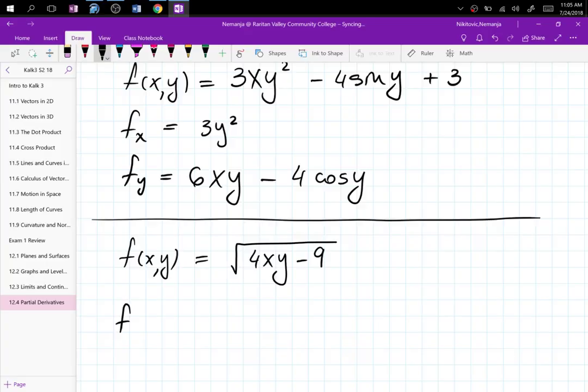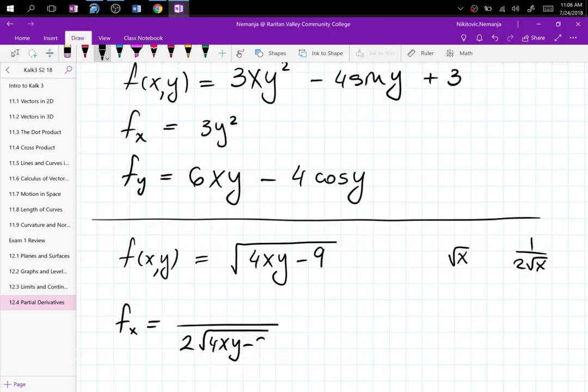So fx is equal to the derivative of this. We know that the derivative of square root of x is 1 over 2 root x. Now that has to stay, right? So this is going to be 1 over 2 square root of 4xy minus 9. And then the derivative of the inside goes on top, right, because of the Calc 1 chain rule, and that would be 4y.